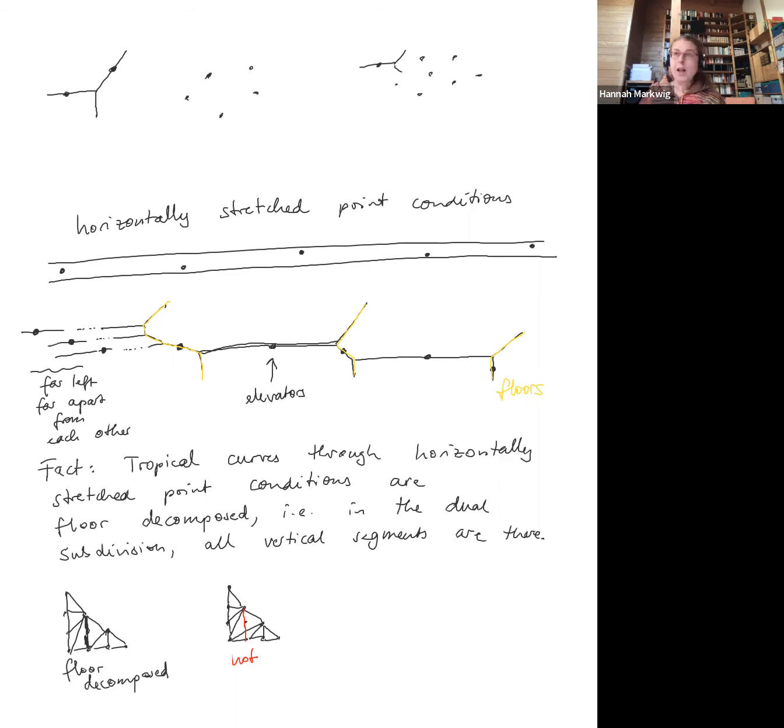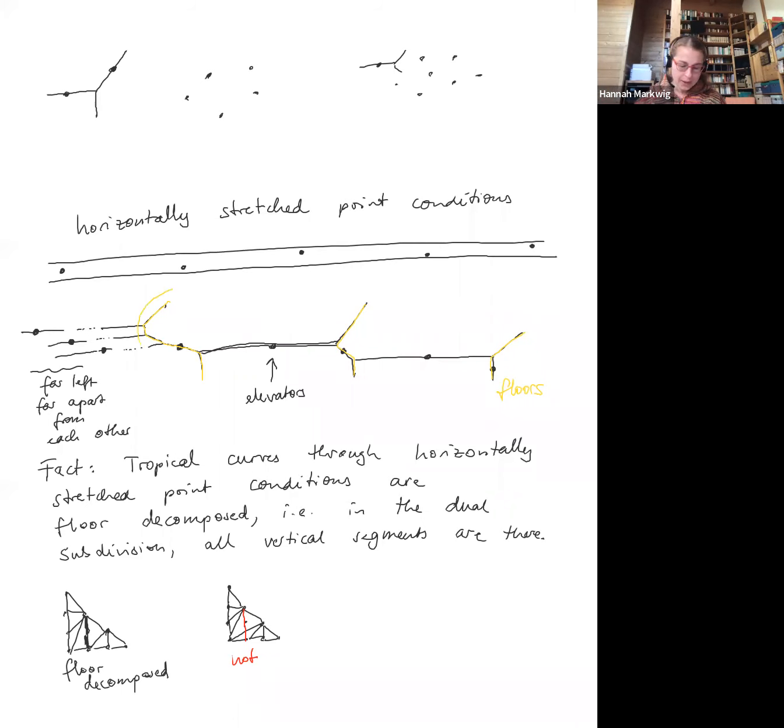Now the terminology makes some sense if you turn the picture around, and some people do that. It's just a convention yet again. Then we have floors and elevators like in a skyscraper, right? We sort of put our skyscraper lying down on the floor for this moment. That's the terminology.